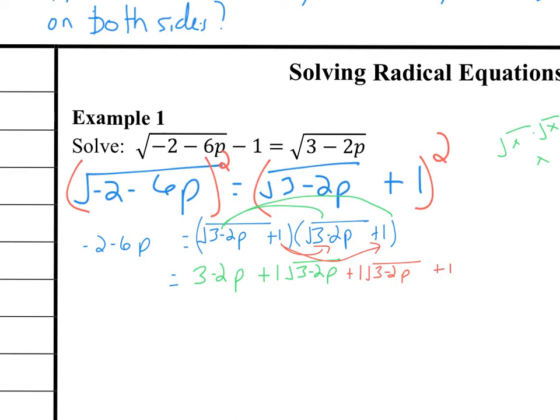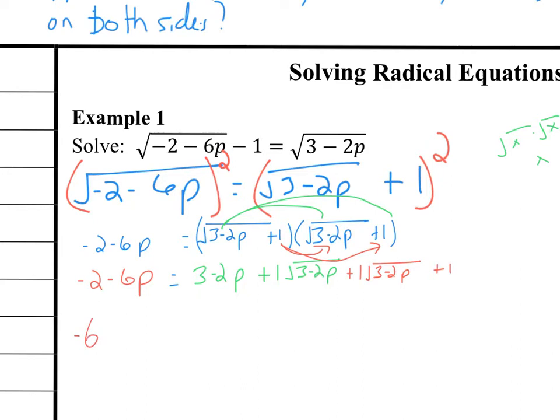Alright, from there we need to clean it up some. So we're going to start to move things around, make this question look a little nicer. So I can combine and move terms to the left, so I have a 3 and a positive 1 here. That makes 4. I'm going to move the 4 on over, subtract 4 from negative 2, and it should give me negative 6 over here.